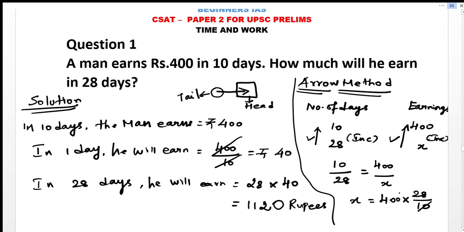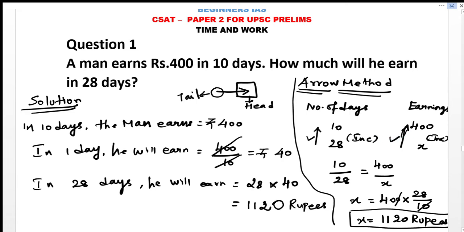So therefore we can cancel the 0s. Therefore 40 into 28 automatically gives 1120 rupees. So this is the simplest way. Without using any formula, we can use this technique. This will help you to solve the questions within a few minutes. The simple concept is, one has to know whether it is direct variation or indirect variation.